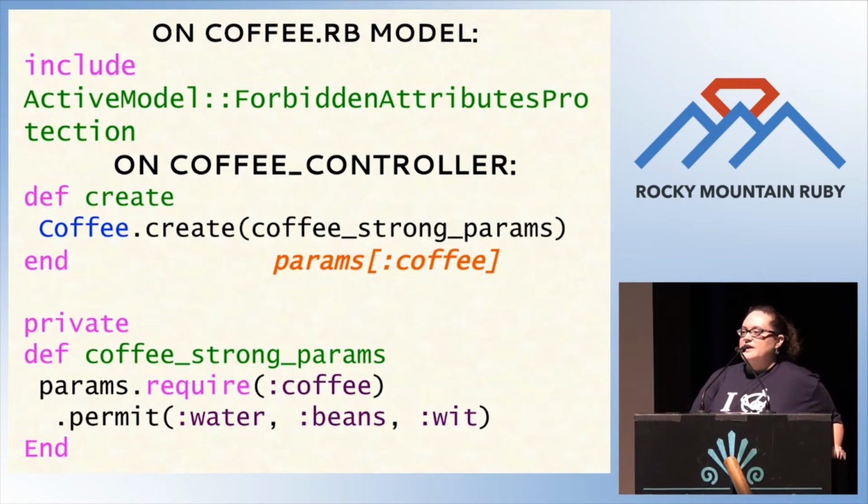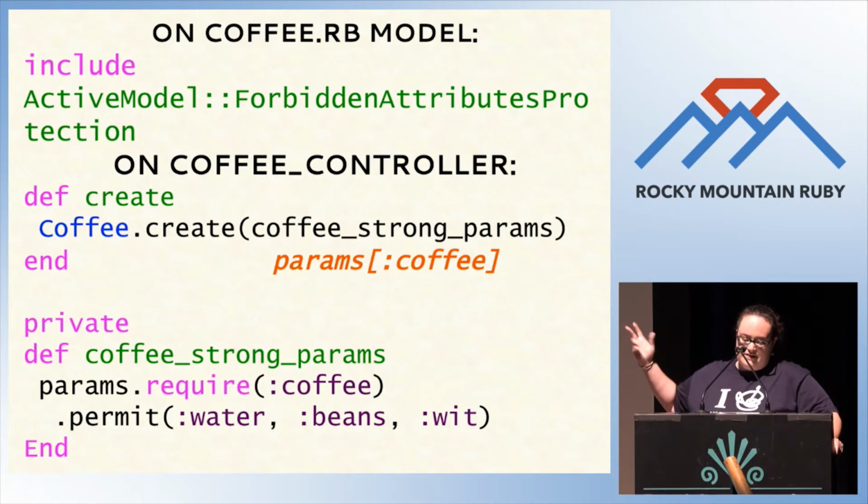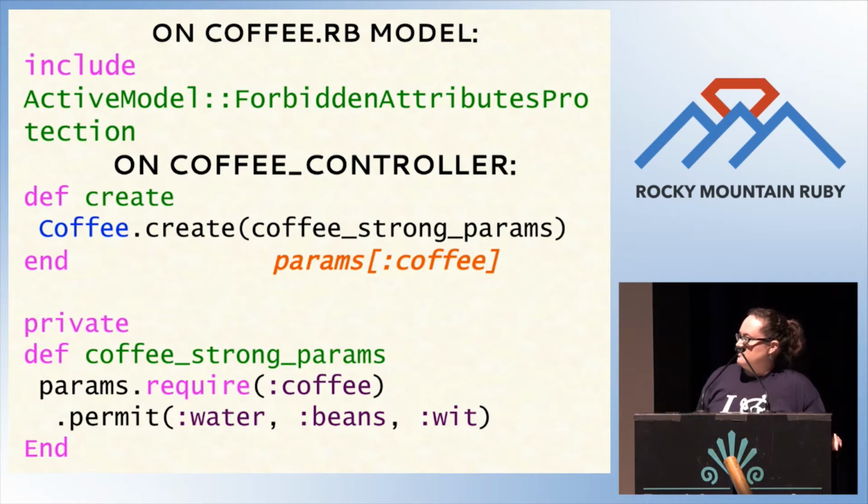So just a quick overview of strong parameters if you haven't used them. We worked with the strong parameters gem because we were in Rails 3.0 and then eventually moved to Rails 3.2, but you've got to use the gem. So basically when you've got that gem installed, you will have that include line there on any model that you want to apply the strong parameters to. And then on the controller, this is the very basic outline of what your new private method will use that will implement these strong params.